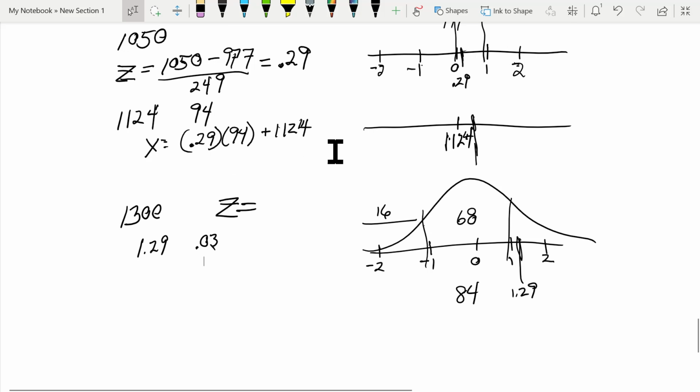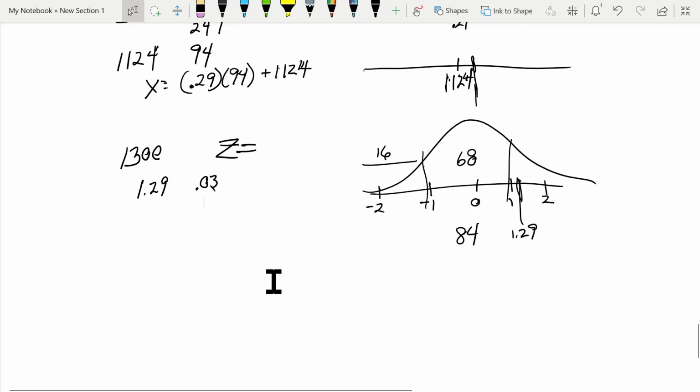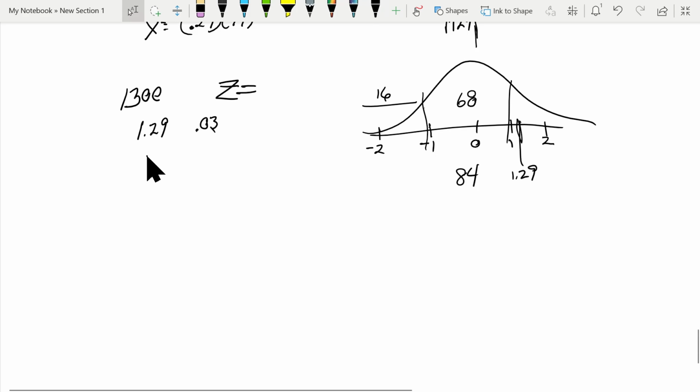Didn't calculate it out. What is the relative position of these scores? 1124, 94. What is the score that's 1.29 standard deviations above the average and 0.03 above the average on this scale?